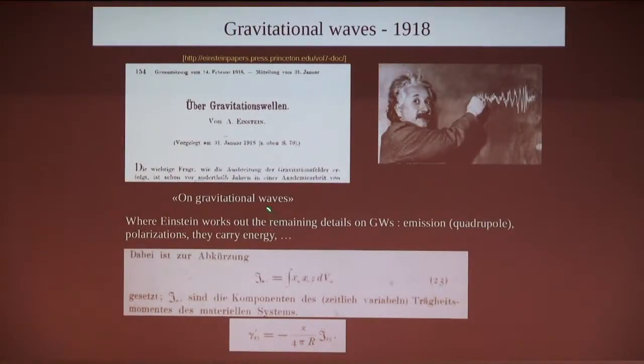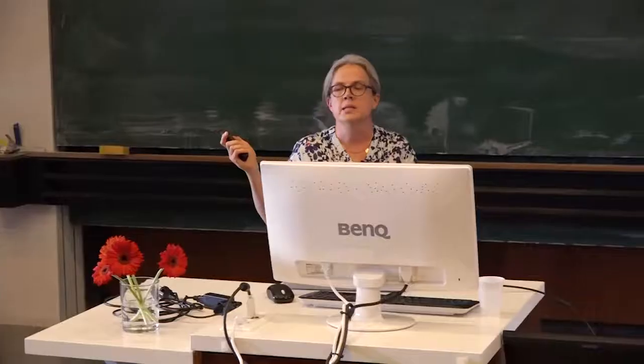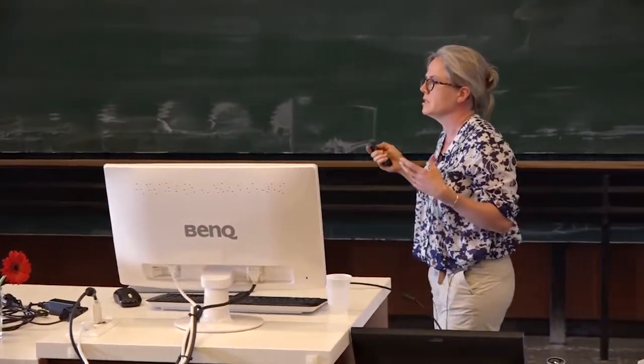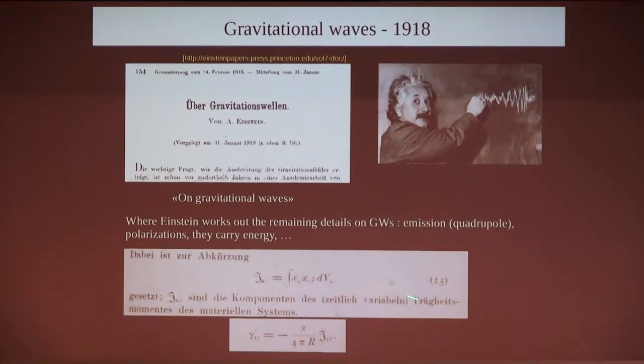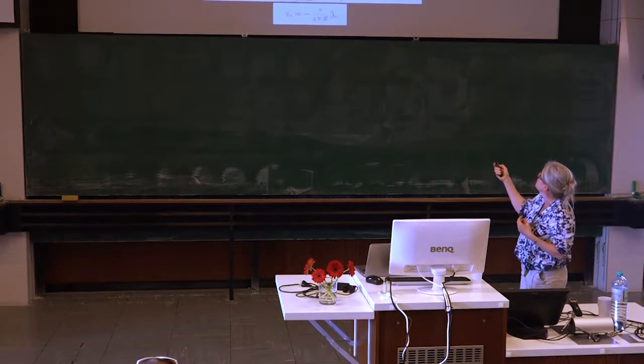And then there was another paper two years later about gravitational waves, where he derived more or less all the things that we are still using, like the quadrupole formula, where everything we use at first order to describe gravitational waves is in this paper.